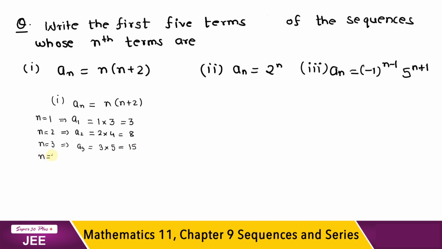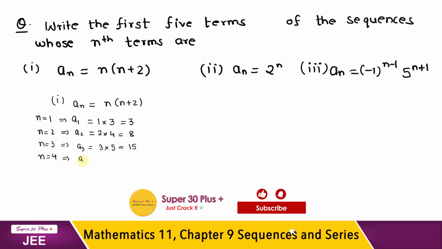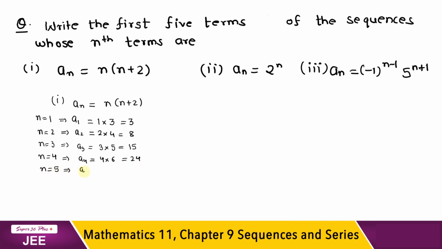For fourth term, n equals to 4. So we get a4 equals to 4 into 6, which is 24. And for the fifth term, n equals to 5, corresponding to which a5 is 5 into 7, which is 35. Alright. So the terms of this sequence are 3, 8, 15, 24 and 35 in order.